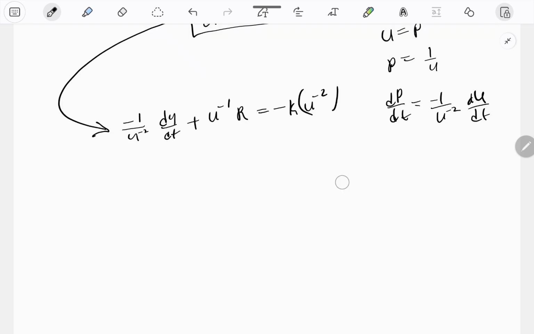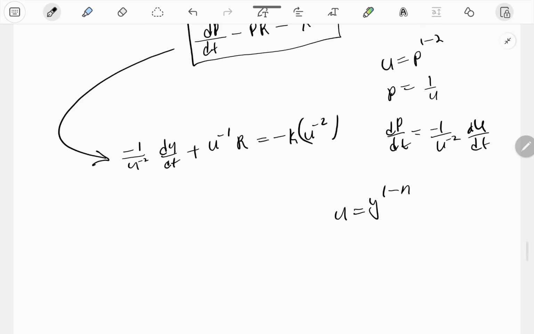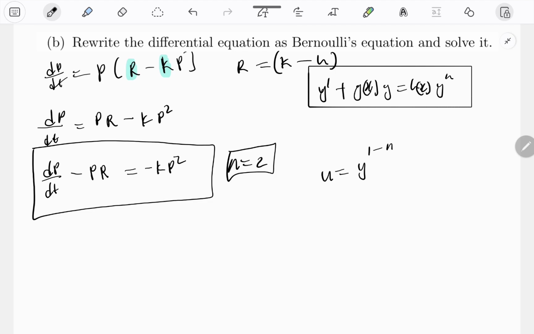So the substitution is u equals y to the power 1 minus n, but for our case it's easy to notice that our y is p, so p is our y. So I think this will look better if I put p here. Then my n is 2, 1 minus 2, then I'll get negative 1.